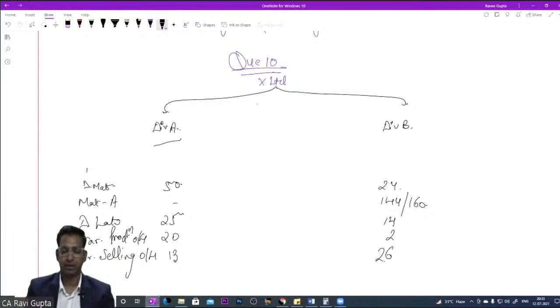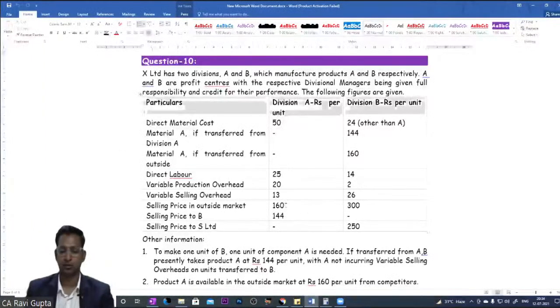If it's the external market, the selling price is 160.